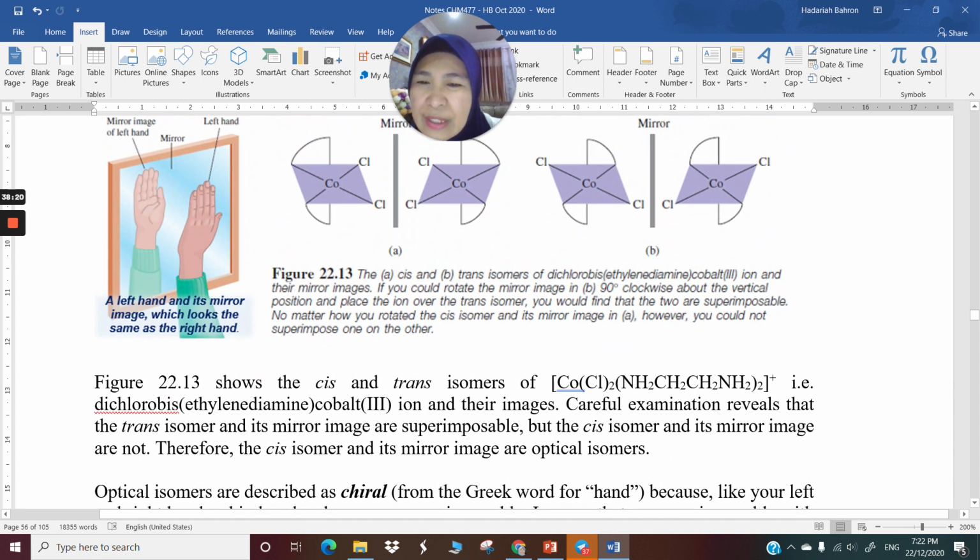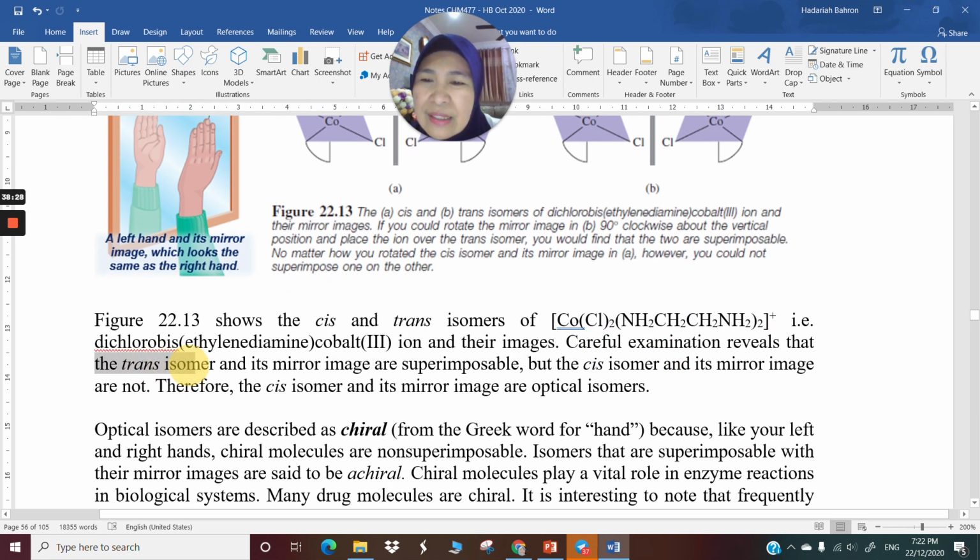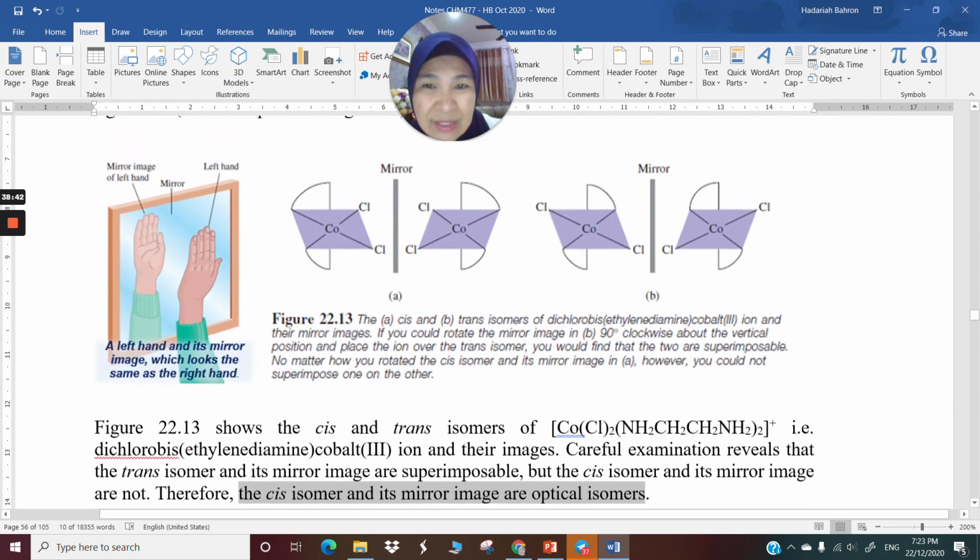Figure 22.13 shows the cis and trans isomers of this compound. Careful examination reveals that the trans isomer and its mirror image are superimposable, but the cis isomer and its mirror images are not. Therefore, the cis isomer and its mirror images are called optical isomers.